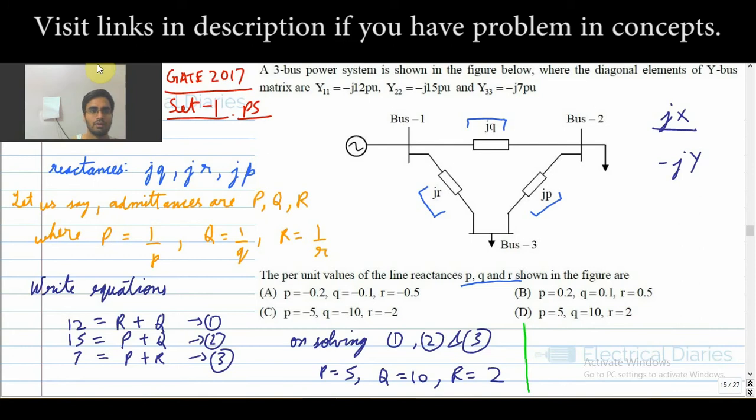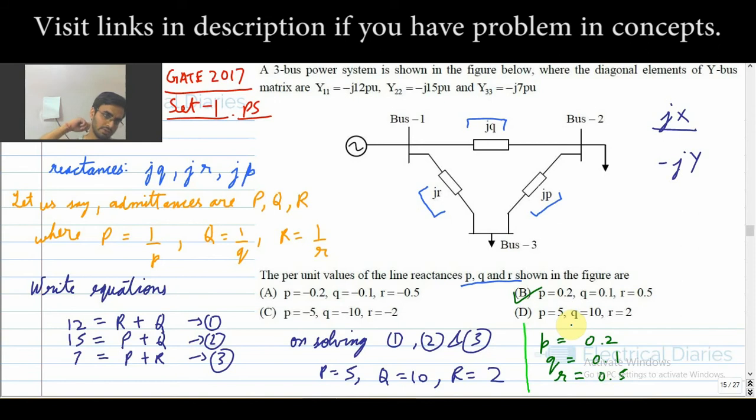From here, P will be 1 by 5 as I have written here, so it will be 0.2. Q will be 1 by 10, 0.1. R will be 1 by 2, 0.5. So from these options, B is the correct answer.